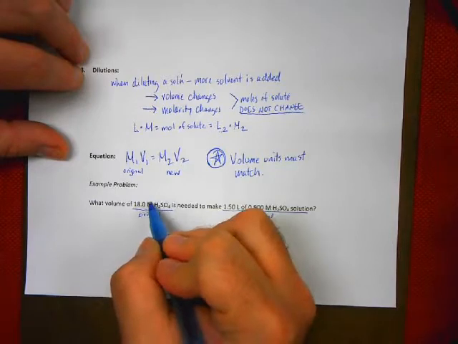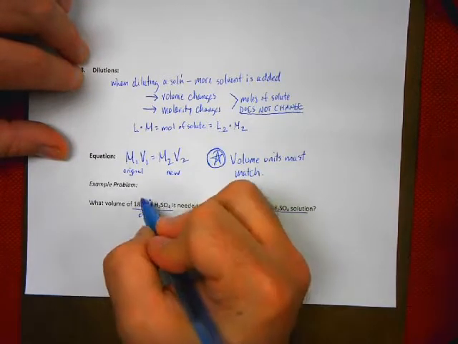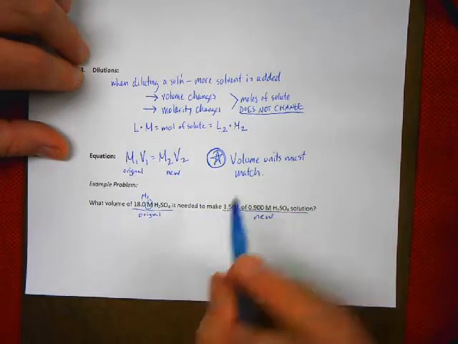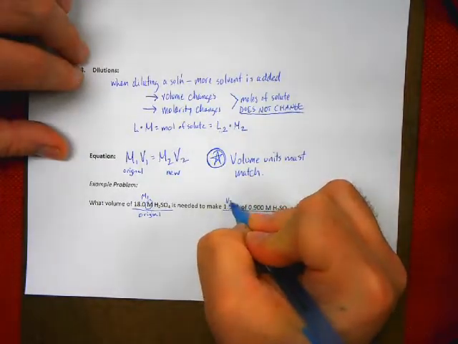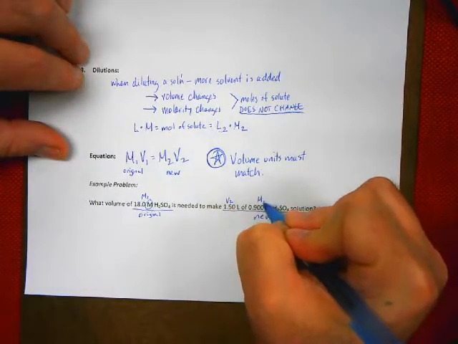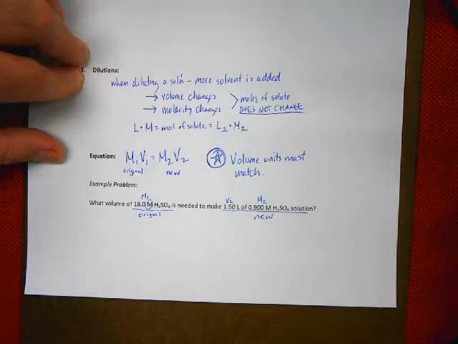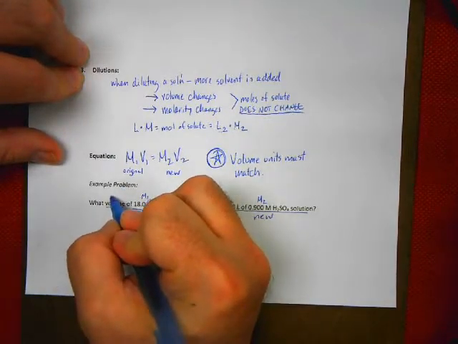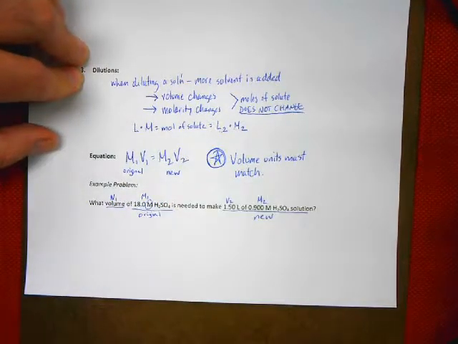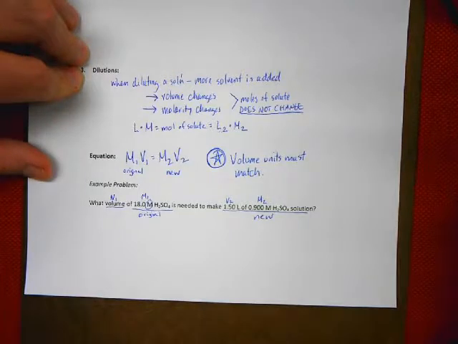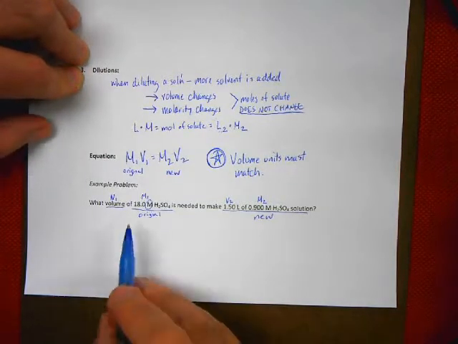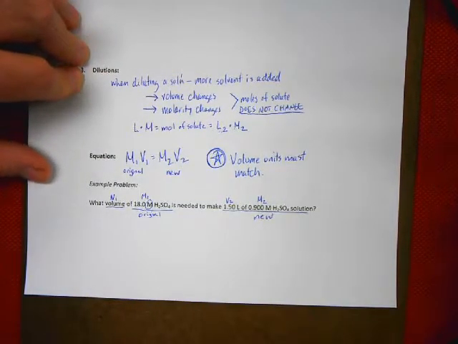We're given a molarity, so that's M1. Here is our new volume, V2, and our new molarity, M2. So in this case, we're solving for V1, our original volume. So this is basically plug the numbers into the equation and solve.